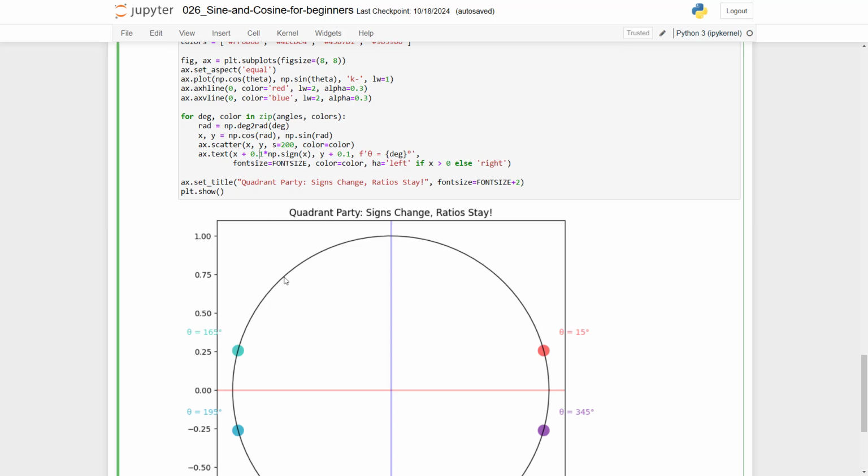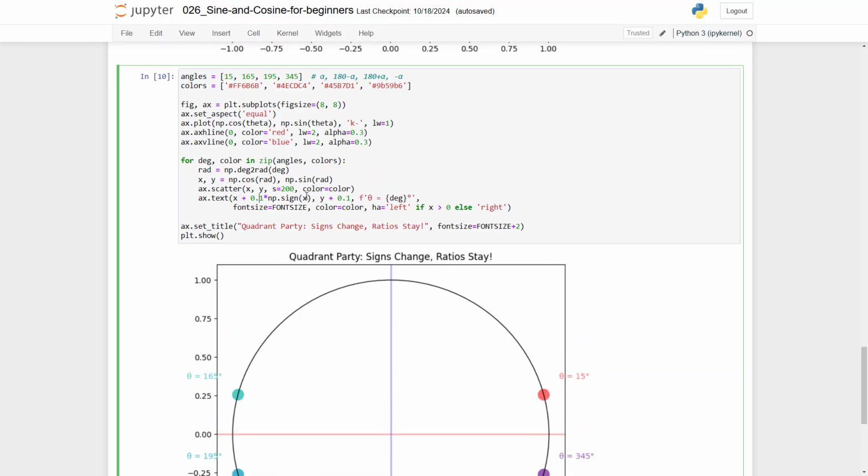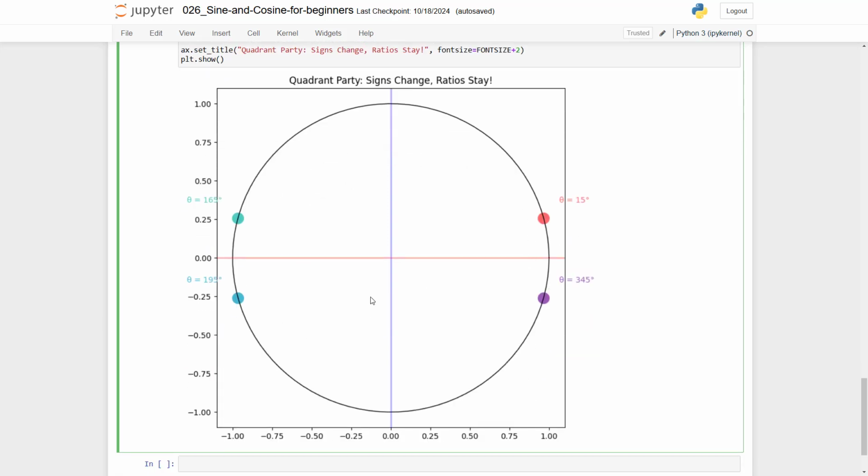I was just thinking, should I put them a bit to the left or to the right? But no, they are okay the way they are. What can we say about all these four angles? They are really symmetrical.